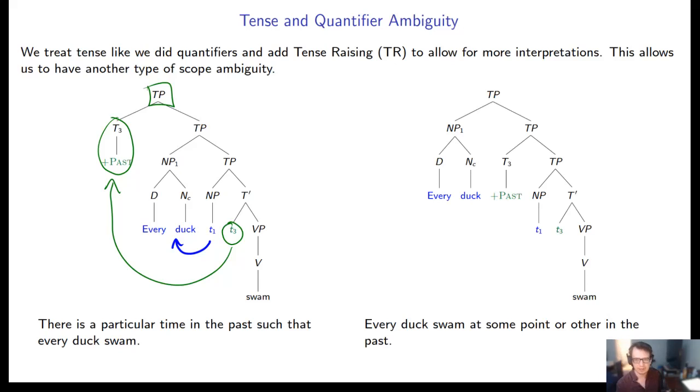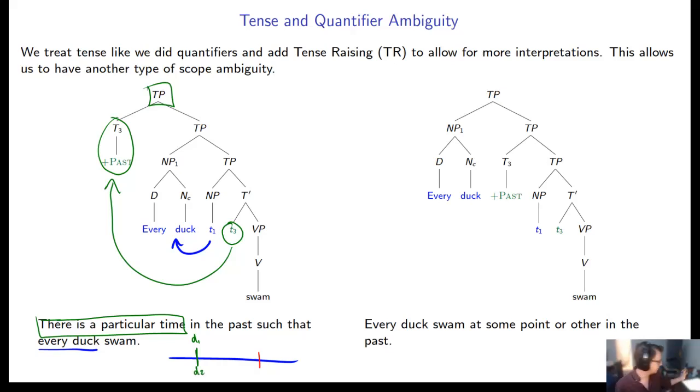Okay, and this gives us the interpretation where first we focus on a particular time, and then we focus on the fact that every duck swam afterwards. So this is the case where this is now, and all the ducks are at that particular time.